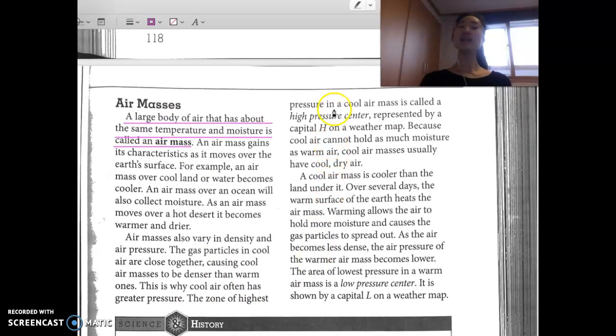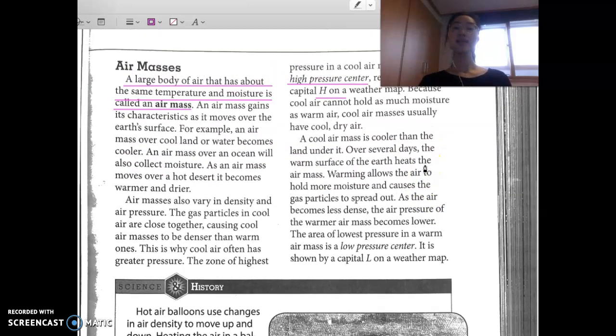The zone of highest pressure in a cool air mass is called a high pressure center, represented by a capital H on a weather map. Because cool air cannot hold as much moisture as warm air, cool air masses usually have cool, dry air. A cool air mass is cooler than the land under it.